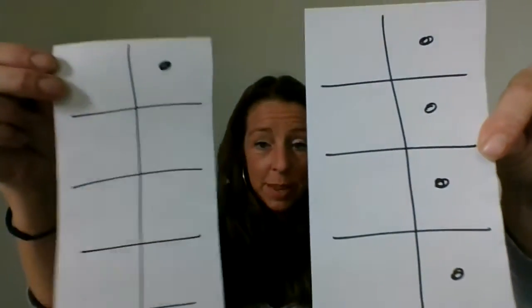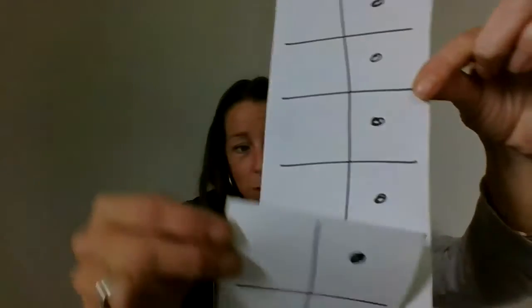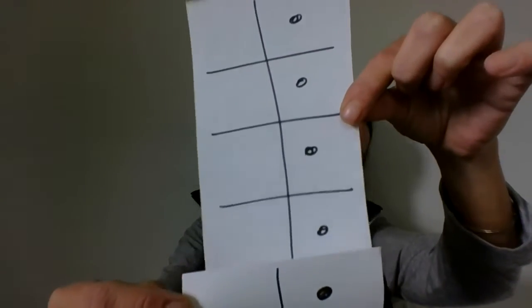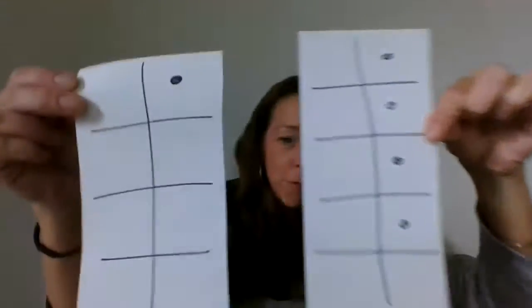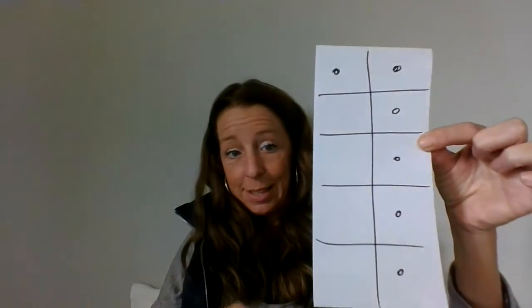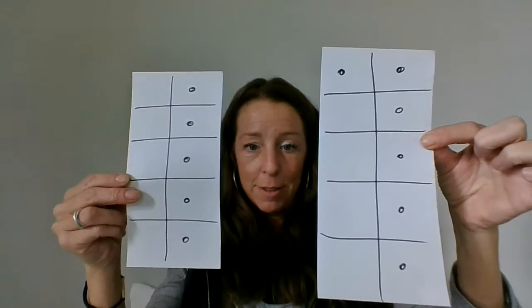4, 1. If I move this one over and fill a box here, then I know that I have 5. 4 and 1 make 5. 6 and 5.